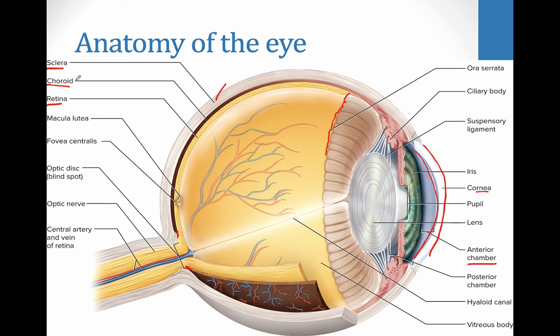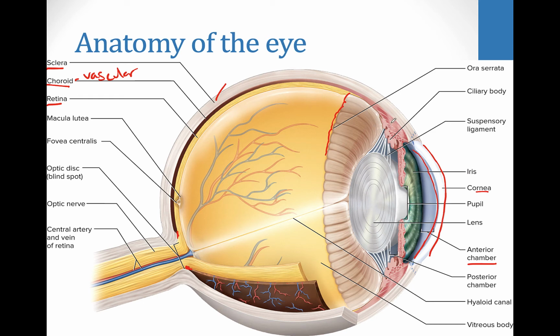The choroid is the vascular layer. All of this dark brown layer is full of veins and arteries, and those help to provide nutrients and oxygen to the internal sclera layer.